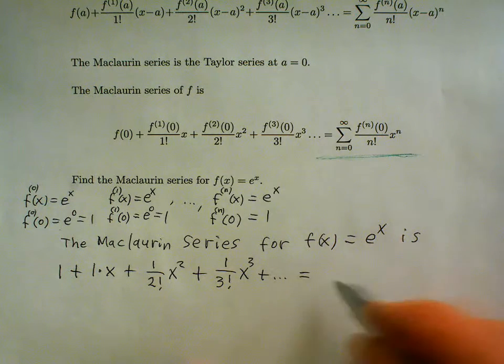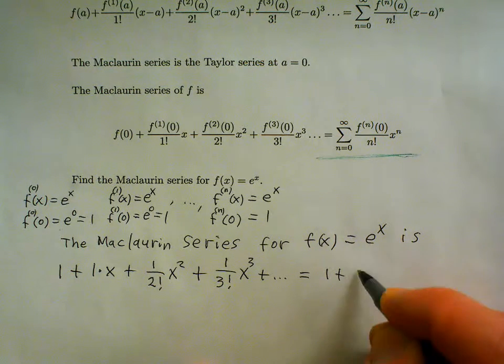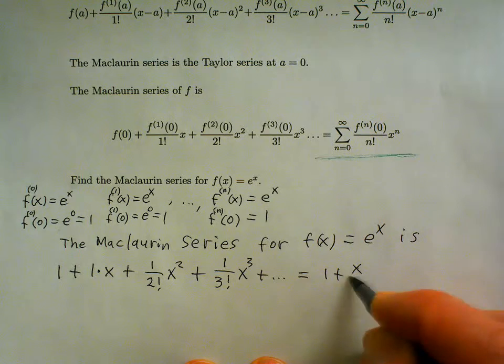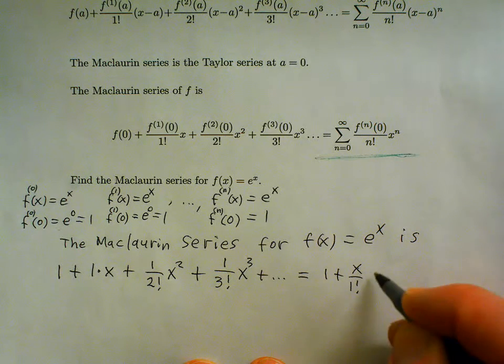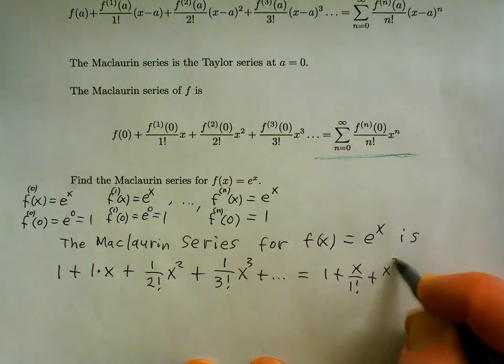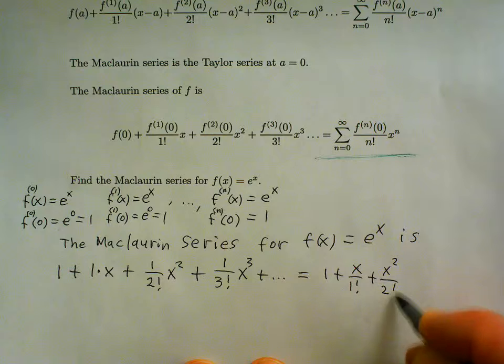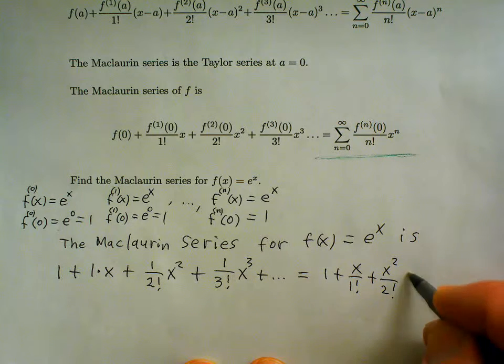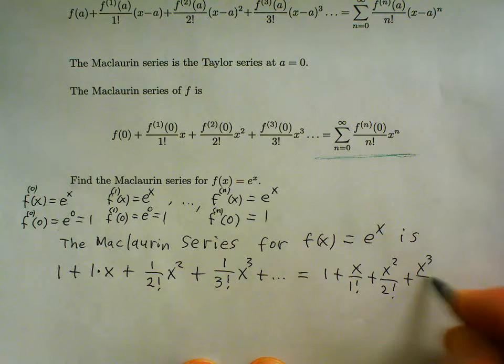So I'll rewrite this as 1 plus x over 1 factorial plus x squared over 2 factorial plus x to the third over 3 factorial, and so on.